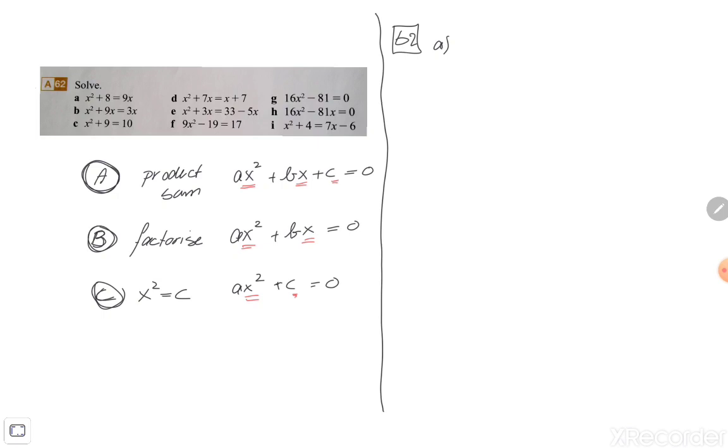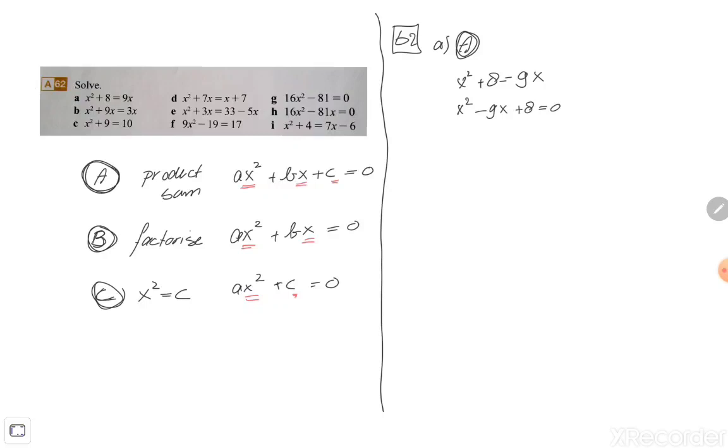So we're gonna use the product sum method. So method number A. So x squared plus 8 is equal with 9x. You need to create on the right side is equal with 0. So you get x squared minus 9x in the right order plus 8 is equal with 0.